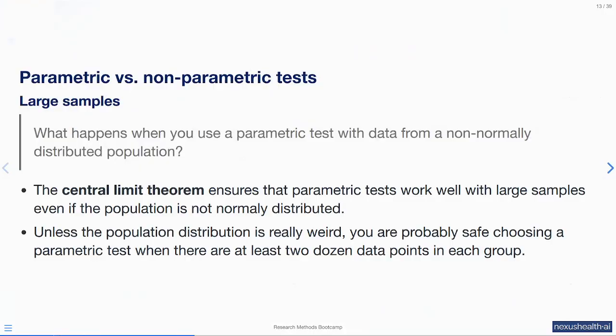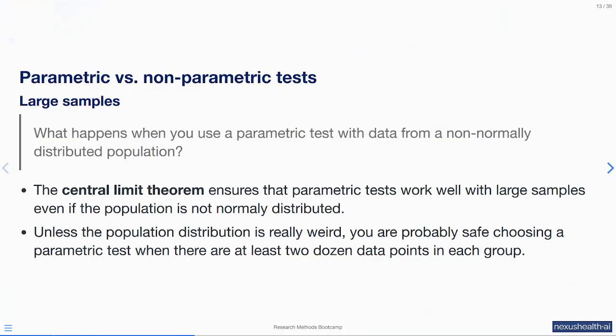What happens when we use a parametric test with data from a non-normally distributed population? Well, it depends. If the sample is large, the central limit theorem ensures that parametric tests work just as well with large samples, even if the population is not normally distributed.